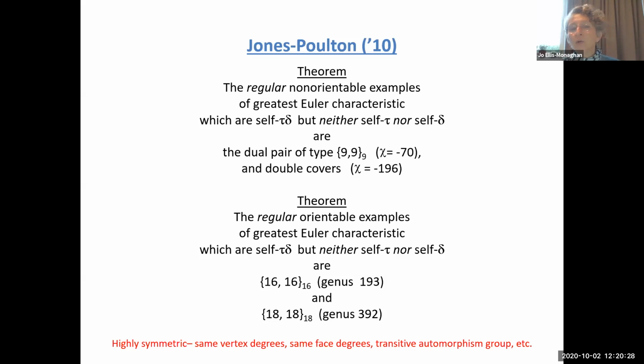And then the regular orientable examples are even bigger. Okay, genus 193, genus 392. These are really symmetric graphs. They've got the same vertex degrees, the same face degrees. They've got transitive automorphism groups. They're basically using the machinery of regular maps in trying to find these.